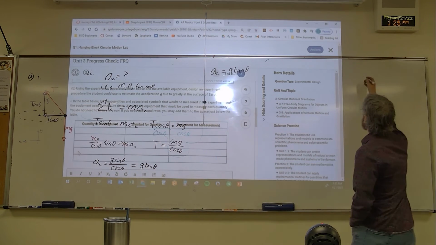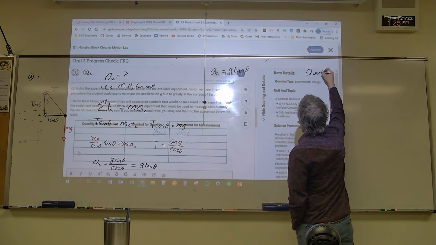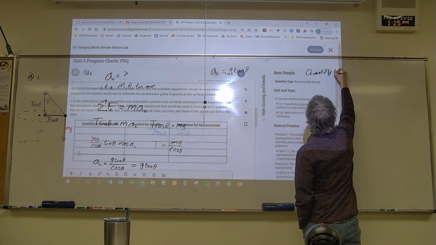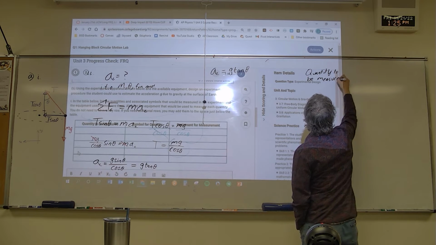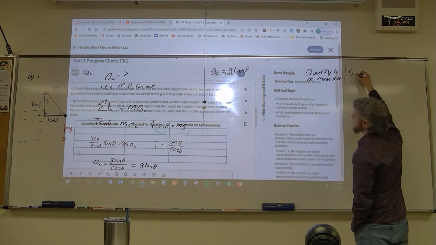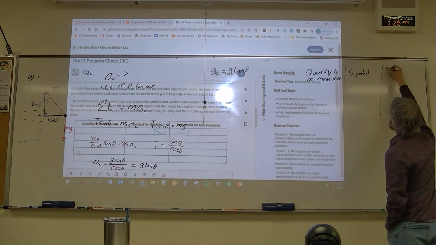Okay. So we got quantity to be measured. We got the symbol. And we got the equipment needed for the measurement.